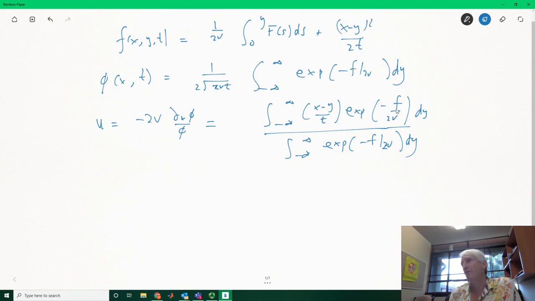We've taken the derivative of f, and there's a cancellation with the 2 nu out the front. Okay, amazing. And this is the solution here.